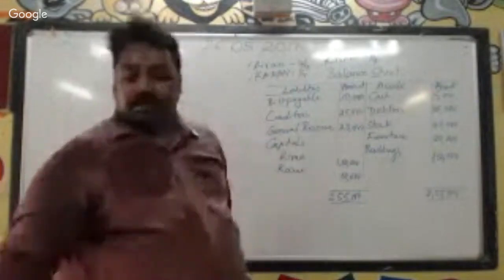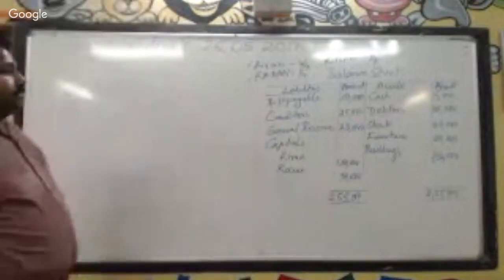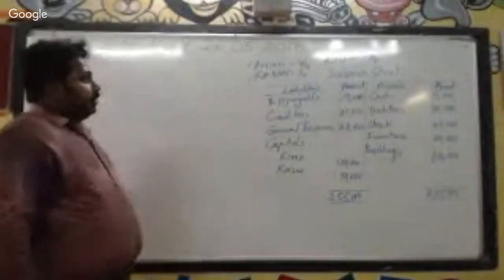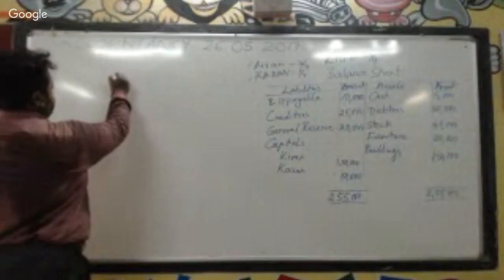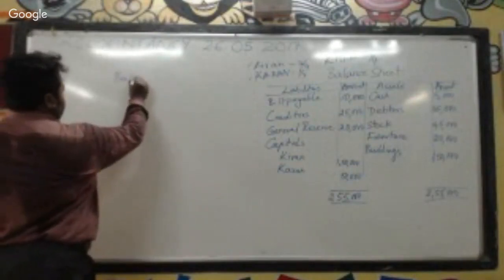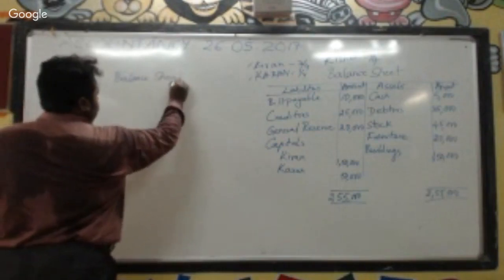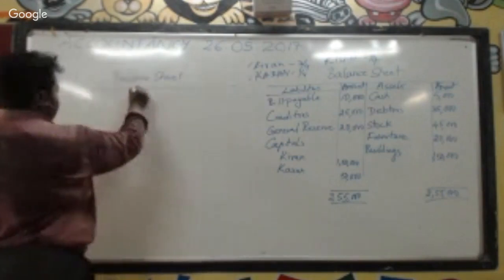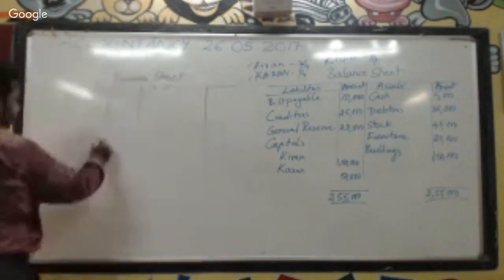So yesterday we have already done the capital accounts. After the capital accounts, we need to prepare the new balance sheet. This is the new balance sheet which we are preparing. It consists of a left hand side and a right hand side.